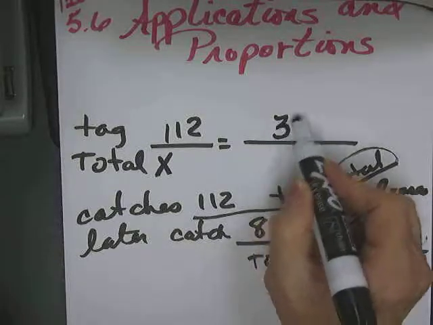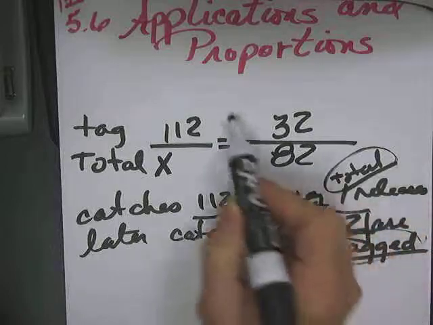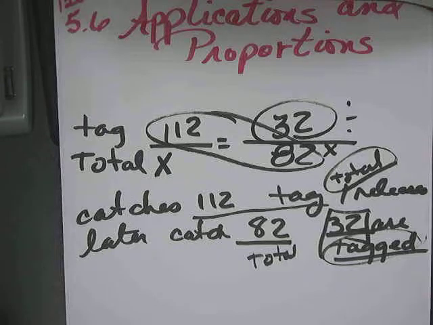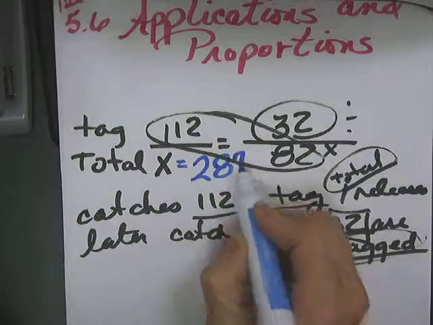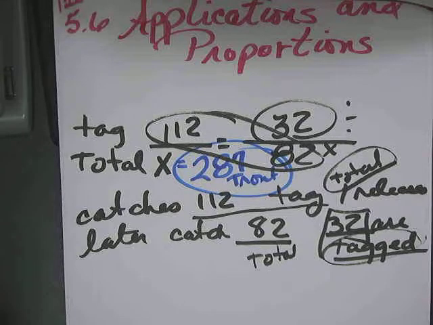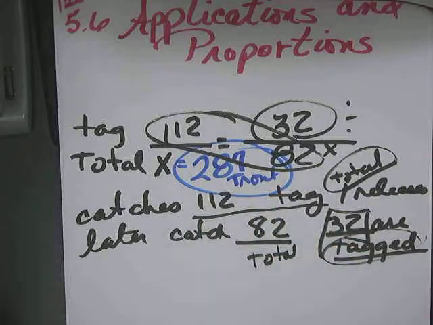Later, there was this many tagged out of a total of 82. So multiply and divide, and you'll see what they guessed about how many were in the lake. 287 what? Trout in the lake, right? Word problems, you always should put what it is that you found.